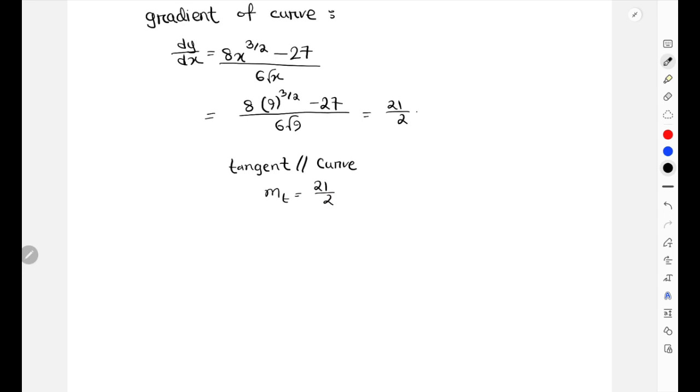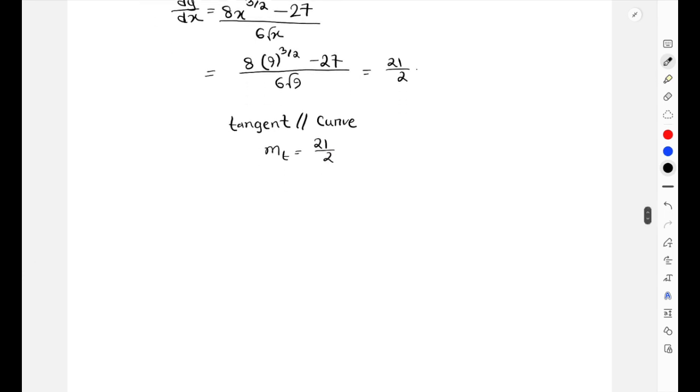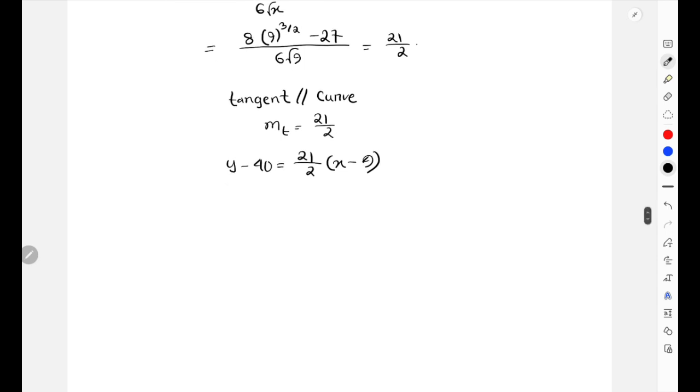From this, you can now create the equation for your tangent: y minus 40 equals 21 by 2 times x minus 9, right? If the value for the x coordinate of that point P was 9. So this is y equals 21 by 2x minus 21 by 2 into 9.